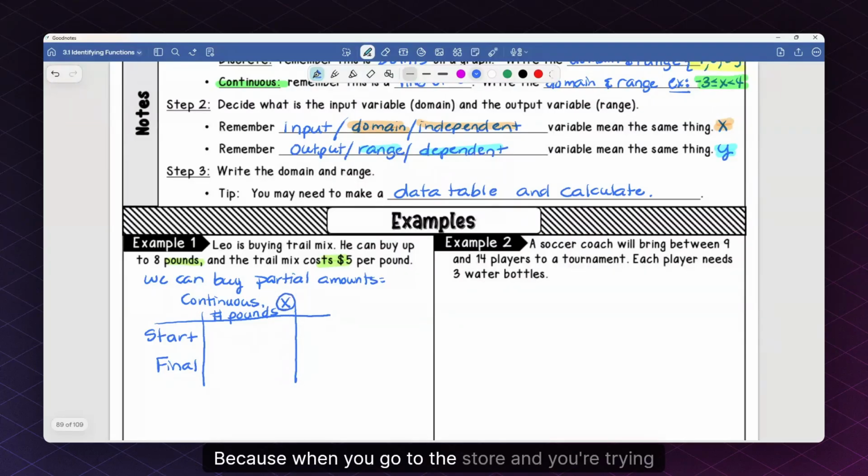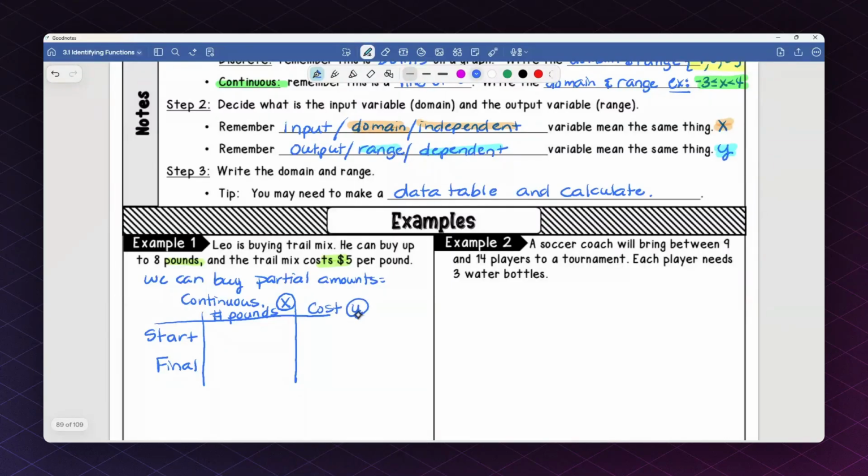Because when you go to the store and you're trying to buy something, you're deciding how many pounds you're going to buy. And then the cost is going to depend on how many pounds you buy. And that's going to be your Y, okay? So you make the decision on pounds, and then the cost is what happens based on that.